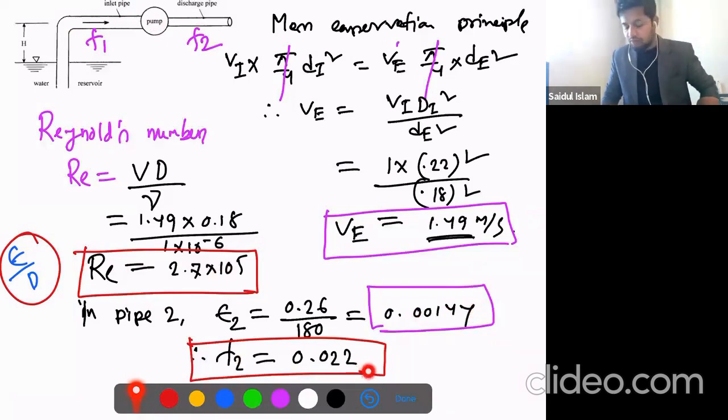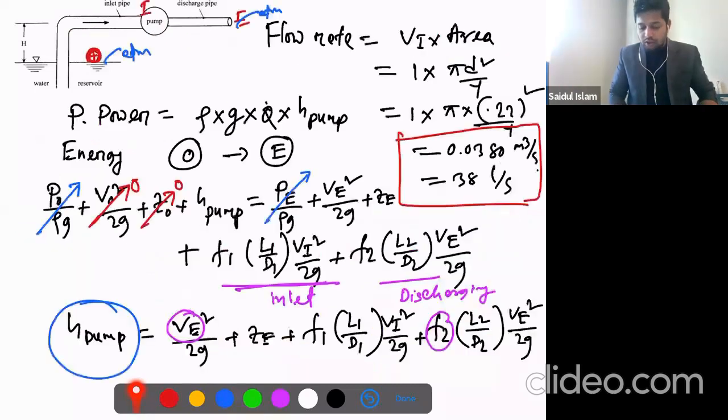Now we will substitute the values into this pump head expression.